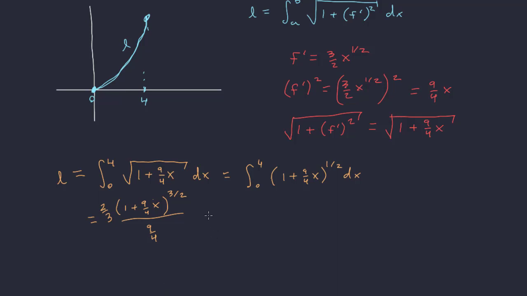All right, and of course we evaluate this from 0 to 4. I'm going to simplify this a bit because I have 2/3, and if I'm dividing by 9/4, that's the same thing as multiplying by 4/9.